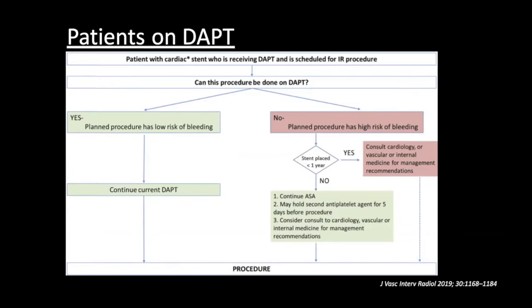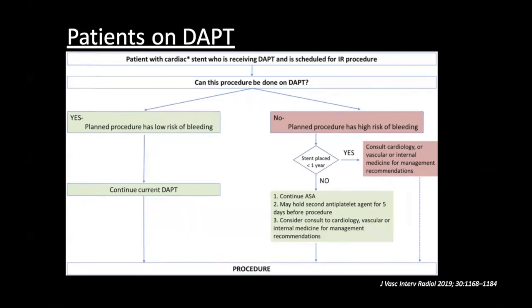If the procedure carries a high risk, then you also have to weigh. Like we said, if this patient has a mechanical valve, or a stent for coronary artery disease that was placed less than a year ago, these are patients whose anticoagulation you wouldn't want to stop.